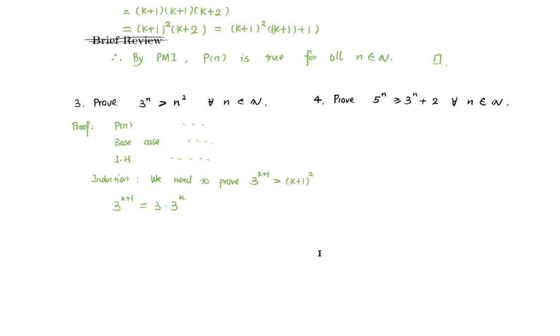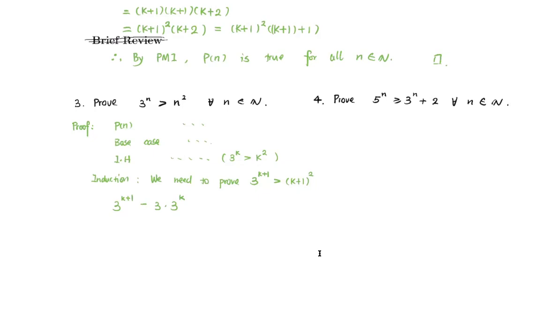This is because for your IH, you assume that 3 to the k is greater than k squared. So we want to use IH. That's why I write it in this term. In this way, you see that we have something that's in the IH already.